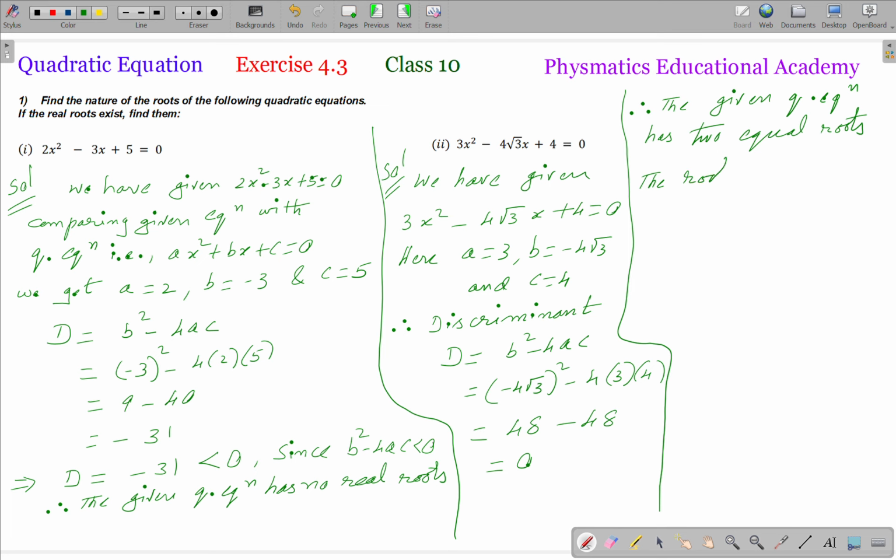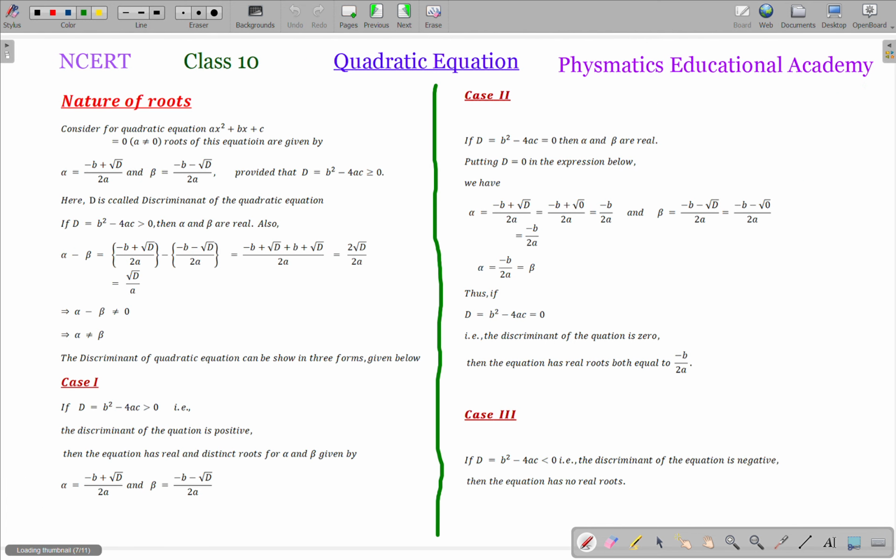That is, the roots are minus b by 2a, minus b by 2a. This we already discussed: in case number 2, when b square minus 4ac is equal to 0, alpha is equal to minus b by 2a and beta is equal to minus b by 2a.